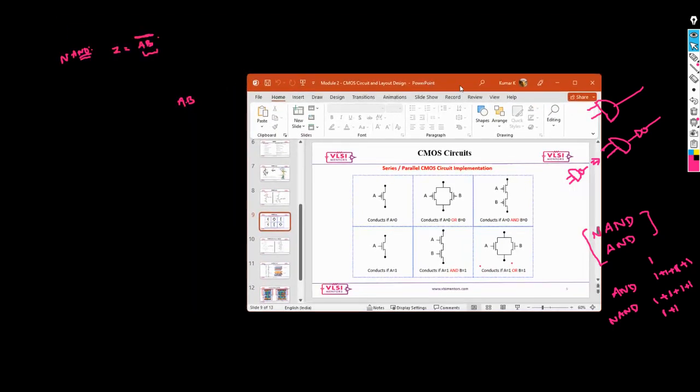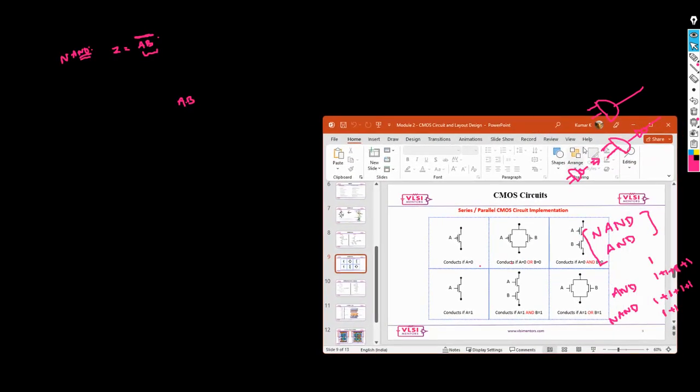So it is going to be an AND gate. Now if it is an AND gate, which one will you pick among these? Middle one.